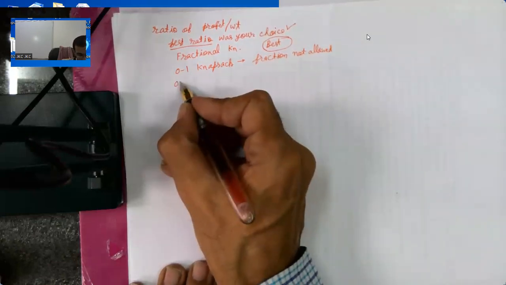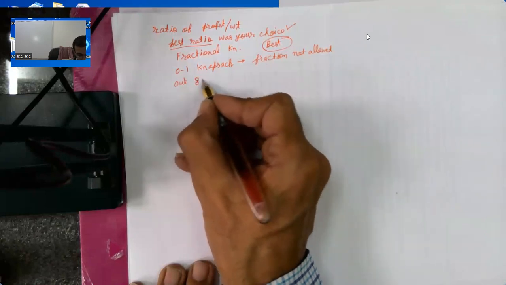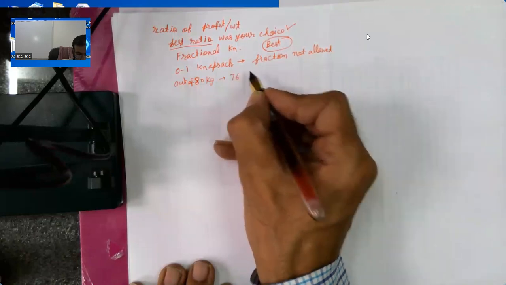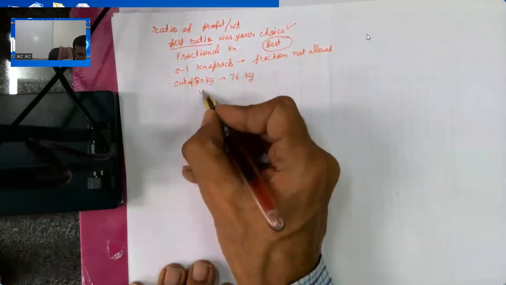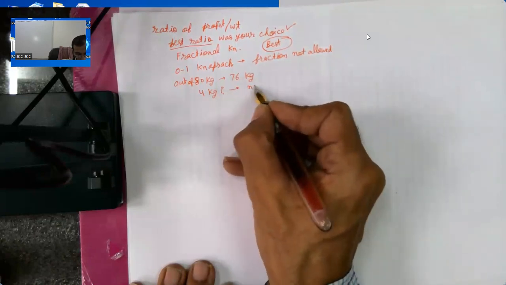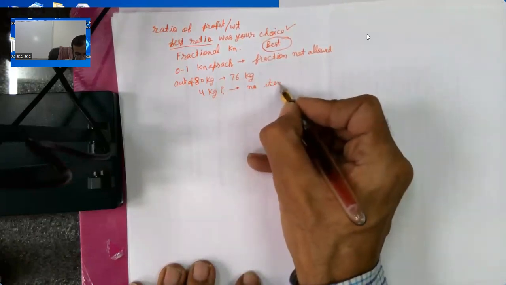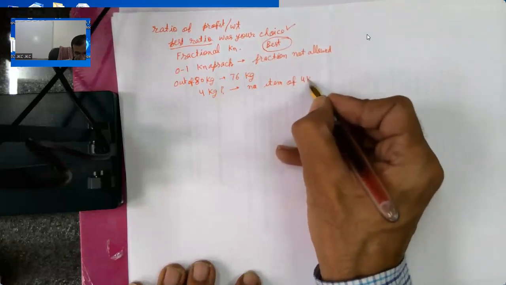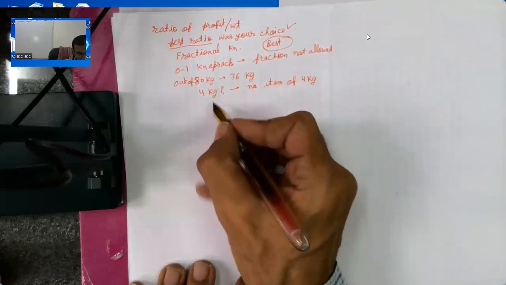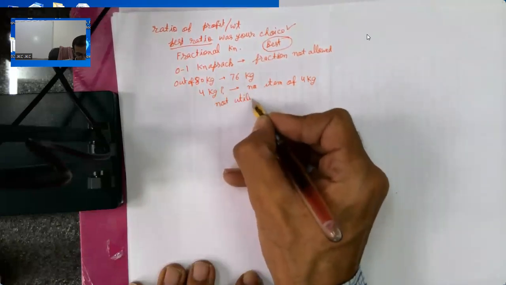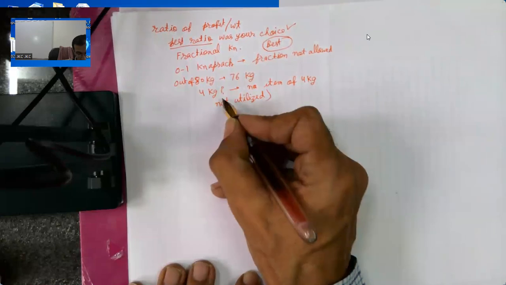Let's say out of 80 kg, if you have taken 76 kg, now 4 kg is left. If I have no item of 4 kg, then this will not get utilized. So you will be able to carry 76 kg only.